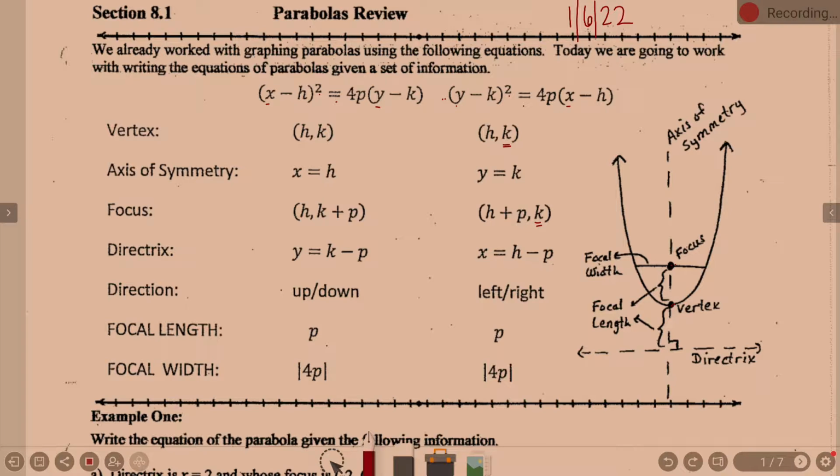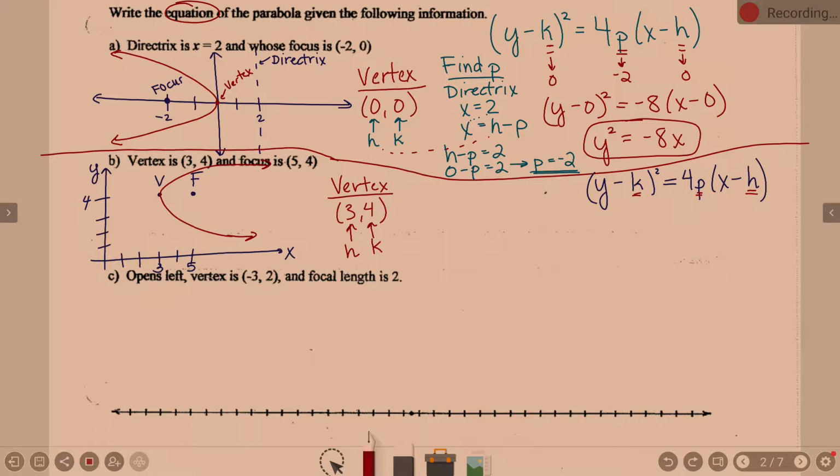Now, for the focus, it's h plus p, comma, k. And my focus is 5, 4. So that is h plus p, and that is k. Thoughts on p?